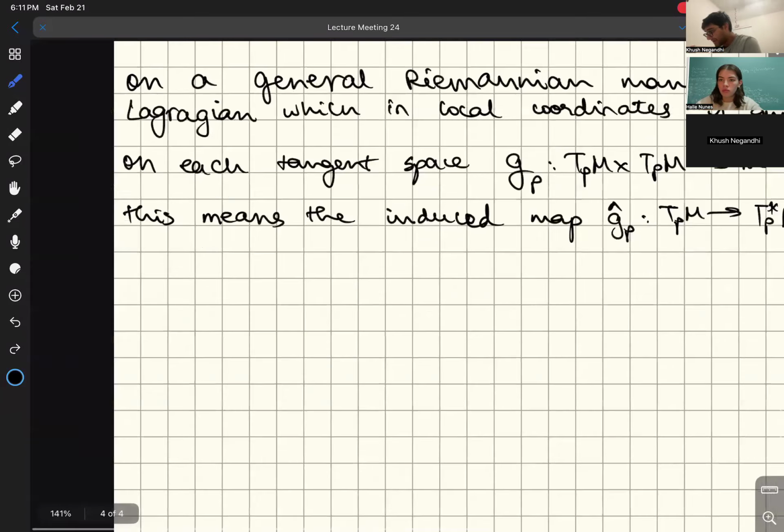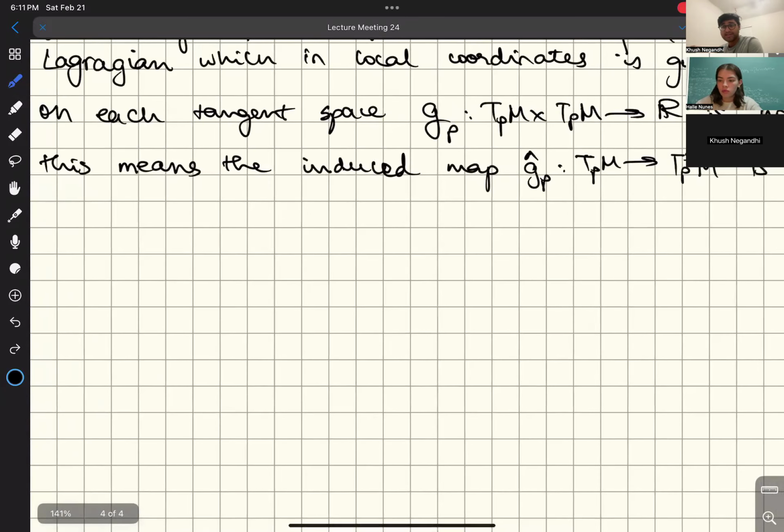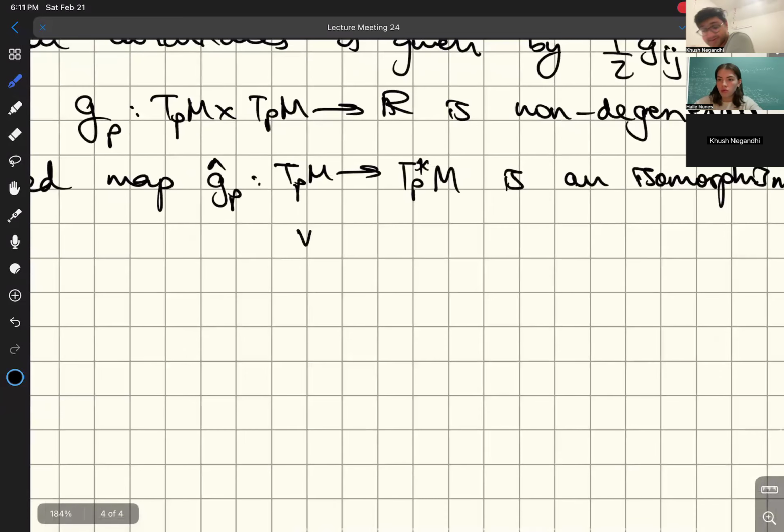So in local coordinates, what is this isomorphism actually doing? Well, it's not even in local coordinates. It takes in a point V, and all it does is put V into the first slot and give you that linear functional. I like to write this as the interior product of G of V with G.